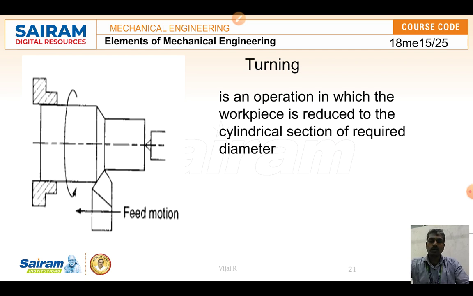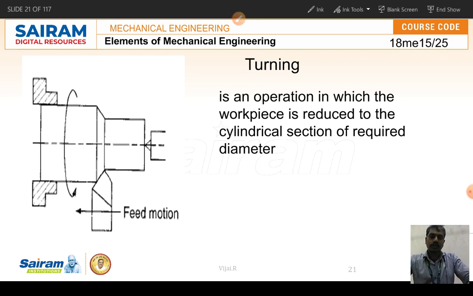We can do operations over the raw material and make cylindrical workpieces. So here, how it is going to be done is what we are going to see. Turning is the operation on a workpiece which is used for diameter reduction. Suppose you have a cylindrical workpiece, we can reduce its diameter by working on it.